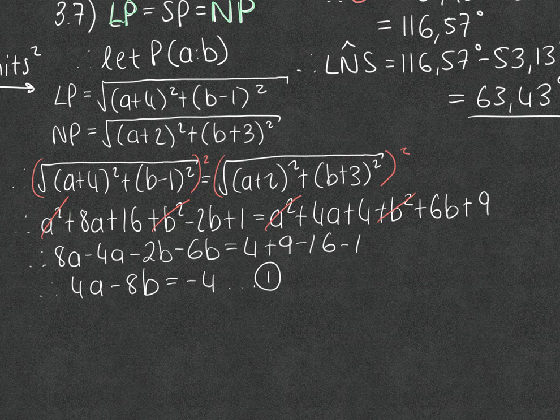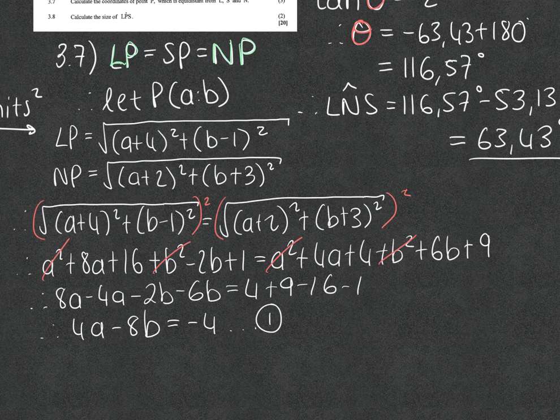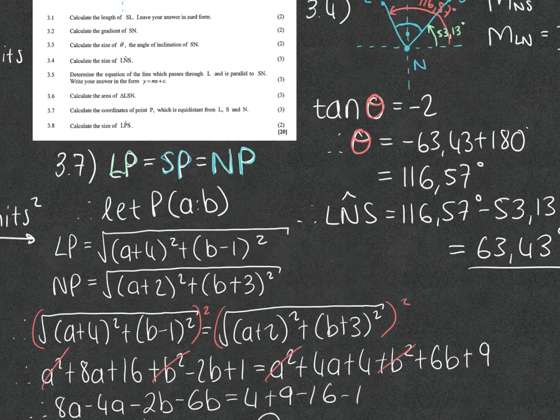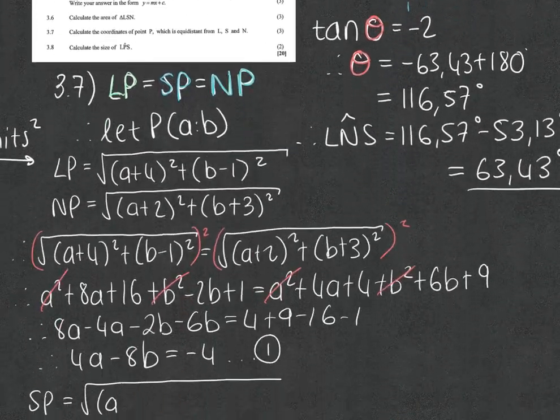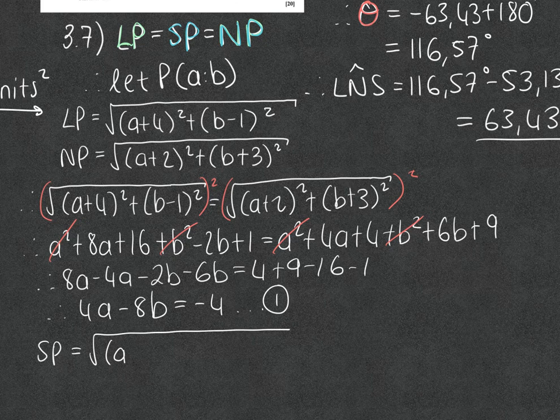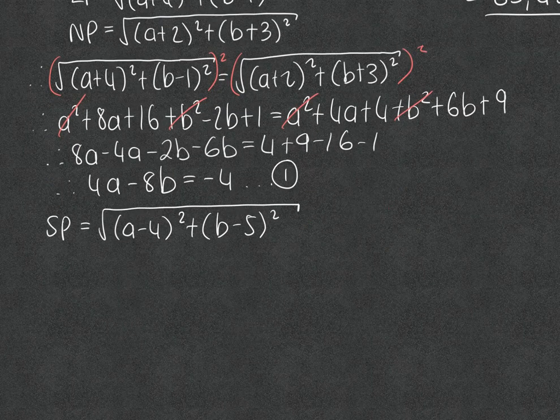The next one, to create the next equation, let's do SP equals NP. So let's do SP quickly here. SP is equal to the square root of, again, A... What is S's coordinate? S's coordinate is 4 and 5. So A minus 4 squared plus B minus 5 squared, and we will then make them equal to each other.